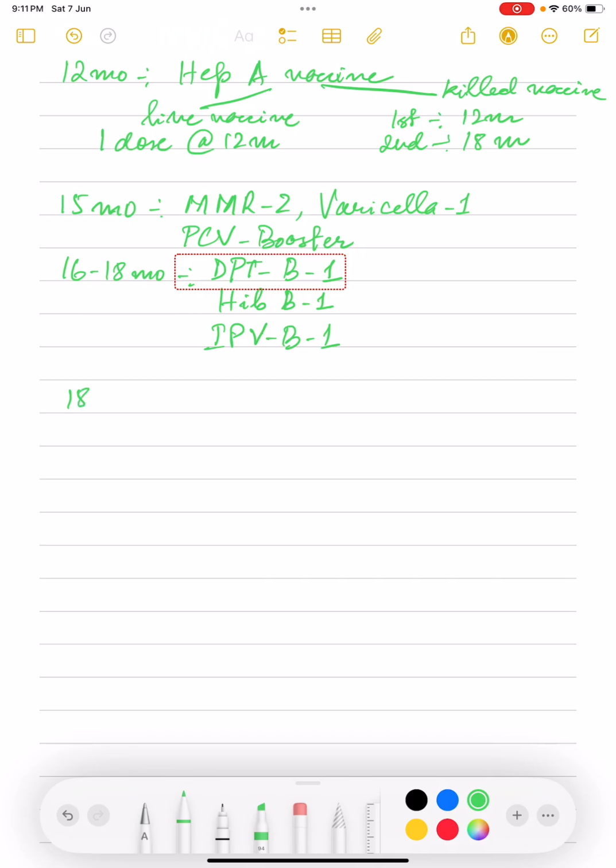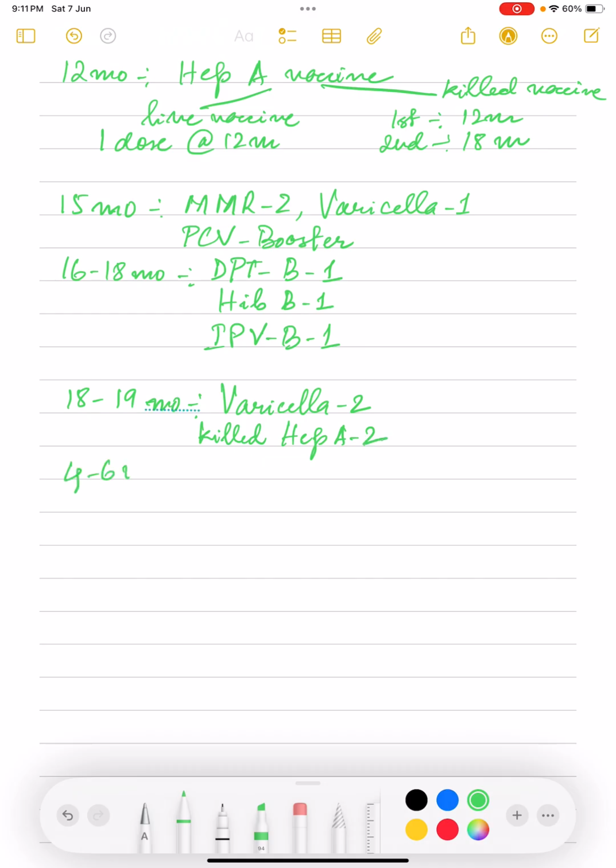Then at 18 to 19 months, we give the varicella second dose, 3 months after the first dose at 15 months. And if we had given the killed hepatitis A vaccine at 12 months, here we would give the killed Hep A second dose.